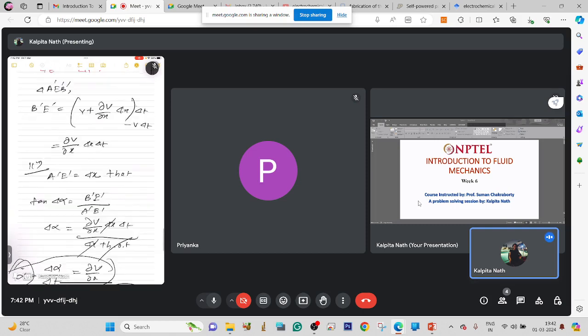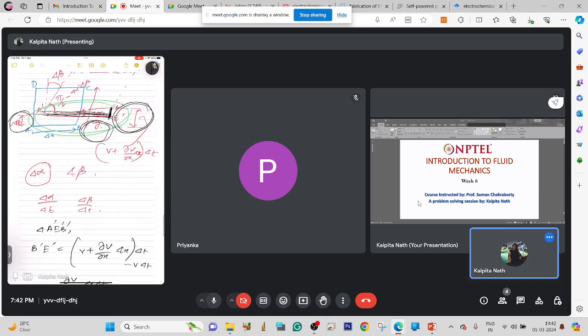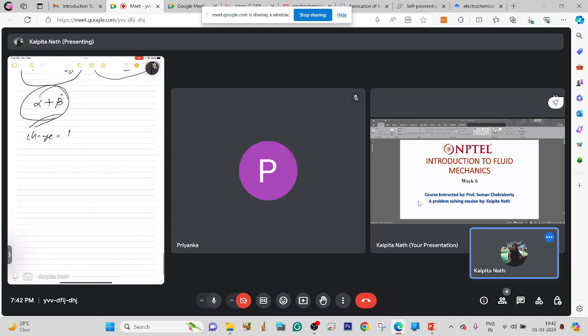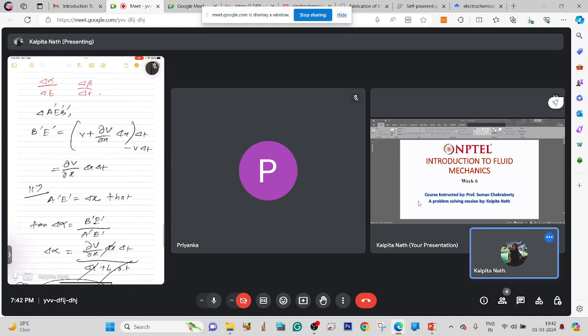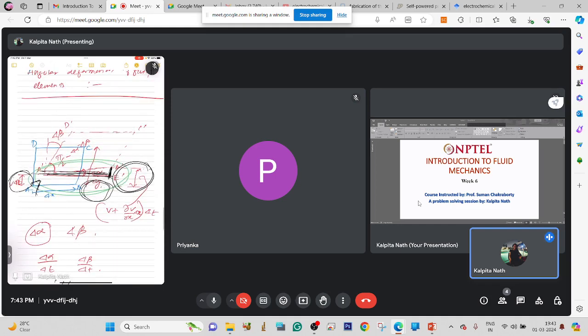The change means initially what the angle was minus finally what the angle is. Initially it was 90 degrees, so pi by 2 it was initially, minus finally what it became. It became pi by 2 minus delta alpha minus delta beta.